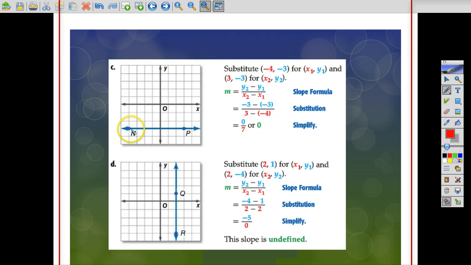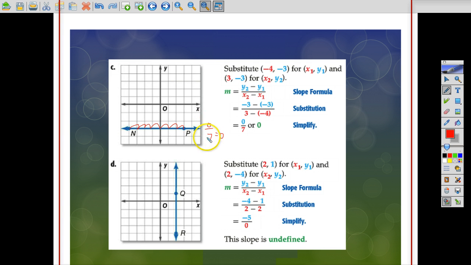Okay, let's try this one. Right now you can see that it's not rising anywhere, so the rise is 0. And you just count how many you ran: 1, 2, 3, 4, 5, 6, 7. So you rose 0, but you ran 7. Any 0 over a number is equal to 0.